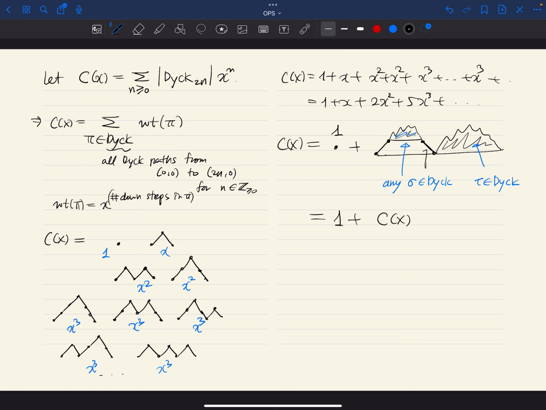And this will give you a weight x, because the weight of a Dyck path is x to the number of down steps. So this will give you x, and this will give you another Dyck path like that. So this is how you get a functional equation for the generating function that you are considering.